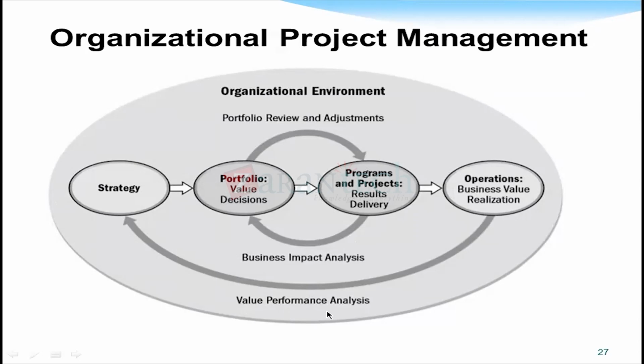Whether that value has been achieved or not, you should also analyze. This is how the whole scenario works: first the strategy is made, then the value decisions by the portfolio manager, then result delivery by the programs and projects, and then the operations are done. This is the life cycle of it.